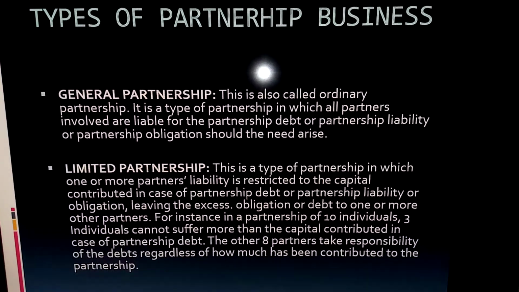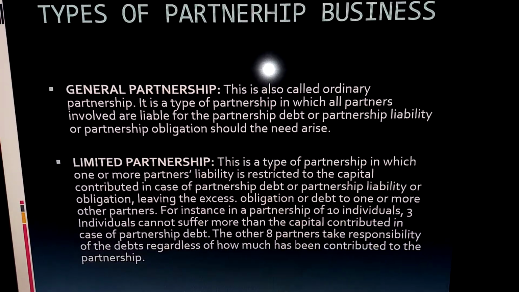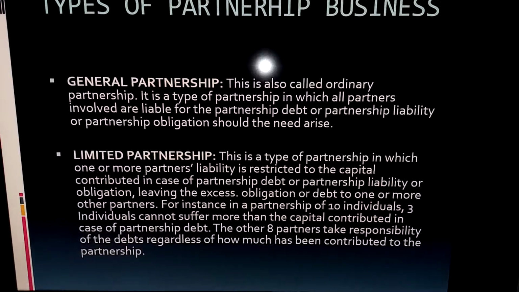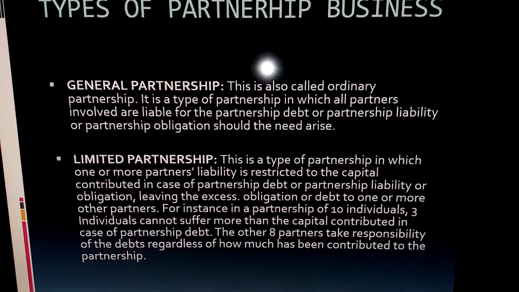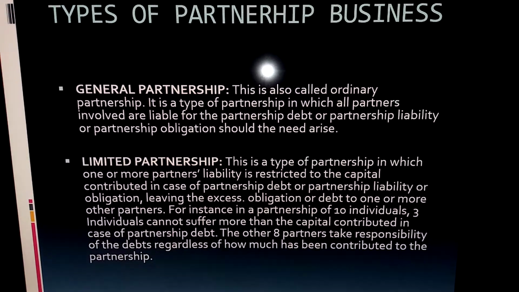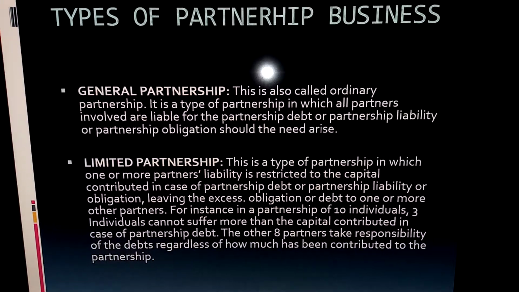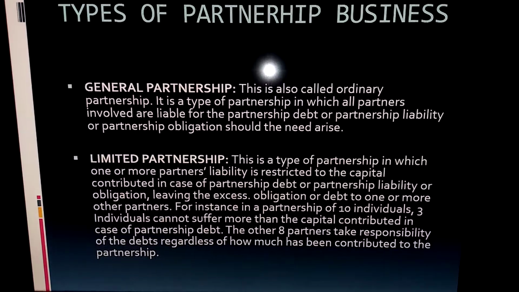The business, how it is structured. So you can have general partnership where all the partners involved are liable for any partnership debt. Now we have limited partnership. The limited partnership is structured so that among the partners, there are selected few that are liable for the partnership debt, and then there are selected few that cannot lose more than the capital they contributed.